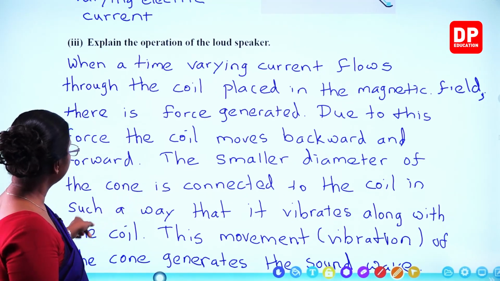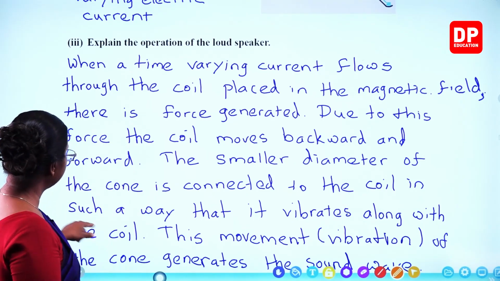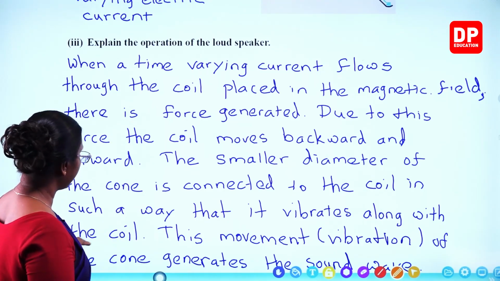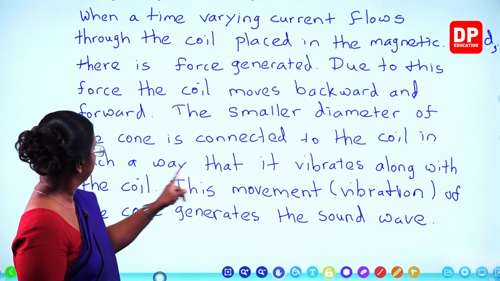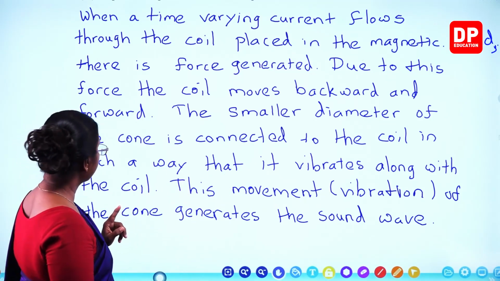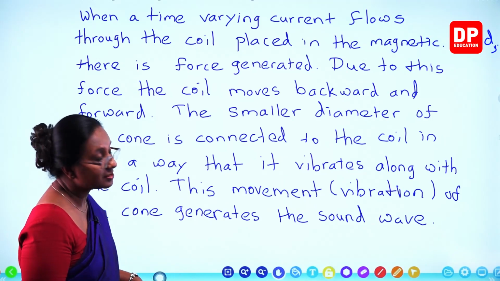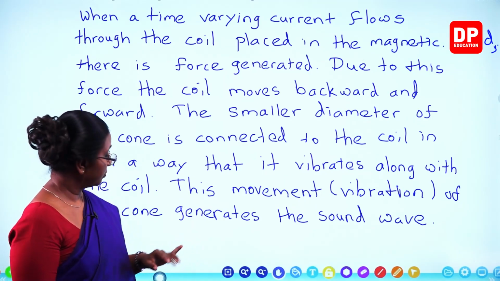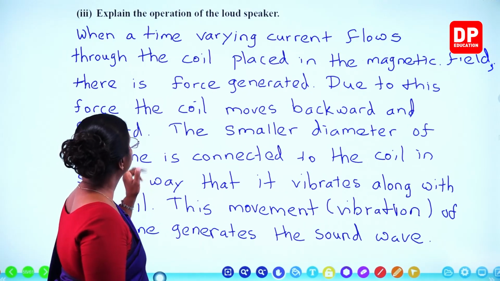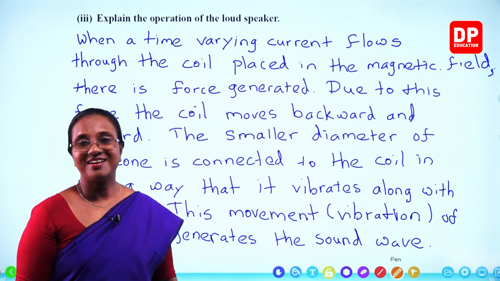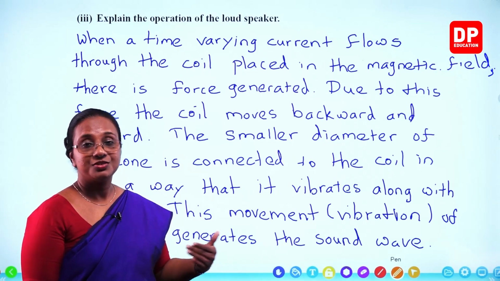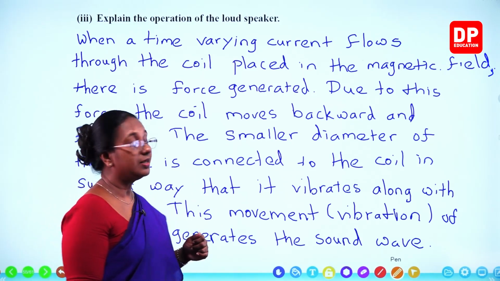The smaller diameter of the cone is connected to the coil in such a way that it vibrates along with the coil. And there you can see this movement or vibration of the cone generates the sound wave. So that is how the loudspeaker functions. I'm sure you all also have written a similar answer. So with that, students, I'll move on to the next question.